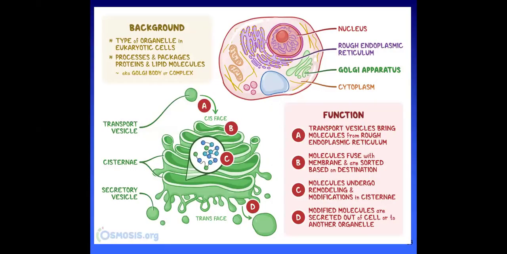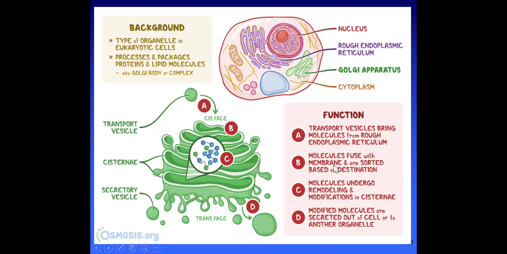So the main function of these Golgi bodies is to transport molecules from the rough endoplasmic reticulum, and when they are transported here, they enter into the Golgi bodies at the cis face site.